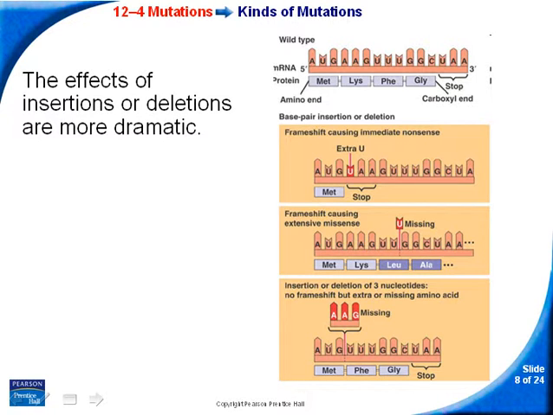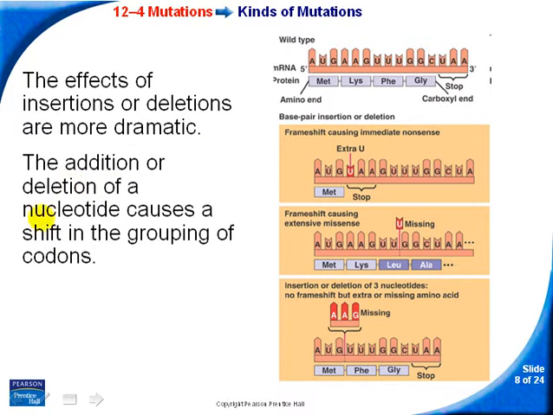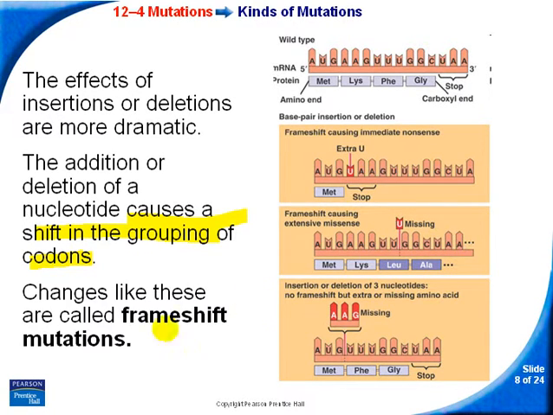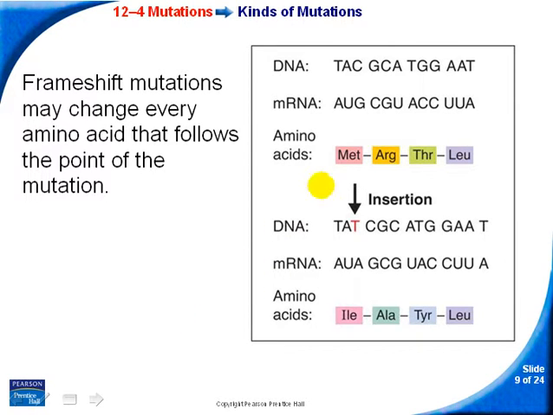Now, if you have an insertion or deletion, it can be a lot more dramatic because it can cause a shift in the grouping of the codons. And remember, codons are groups of three bases together that code for one amino acid. We call these changes frame shift mutations because it shifts the whole set of codons.